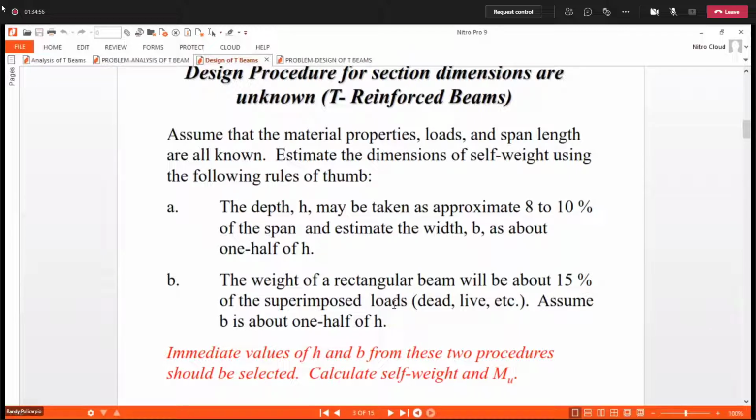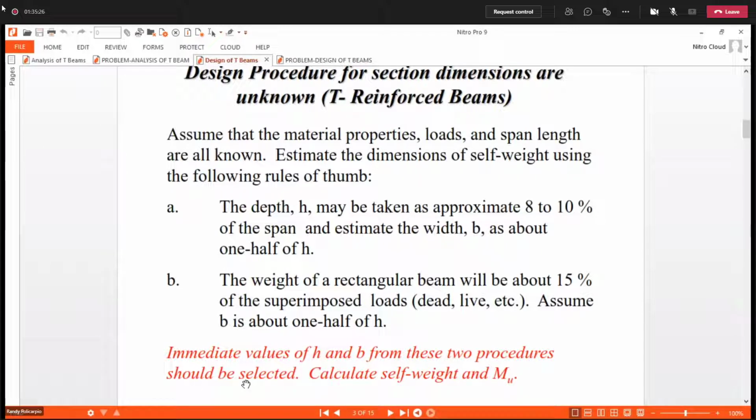So kung ano yung superimposed mo, no? Yung dead load mo galing sa slab, galing sa wall, no? Those are your dead loads. So you check if your self weight based from your assumed dimension is about 15% of the superimposed. So doon ka mag-a-adjust ngayon, no? Doon ka mag-a-adjust.